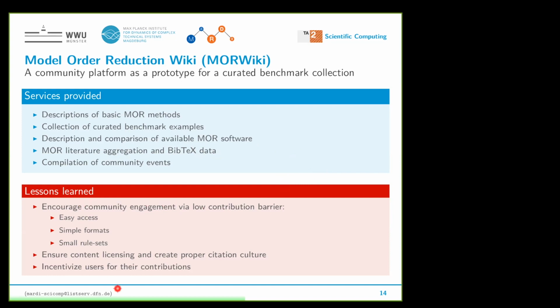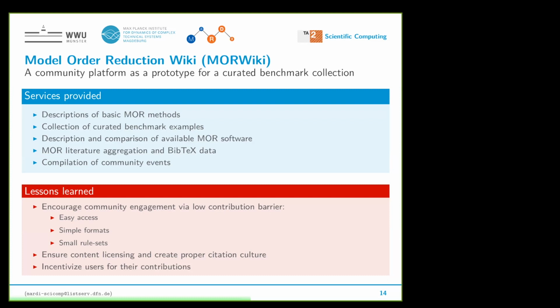What have we learned from collecting all these things over the last 10 years? That it is really difficult to make people contribute, because making a model become a benchmark requires quite some extra effort. And to go down that road, a lot of things come into consideration, and to really engage the community, you need low contribution barriers.